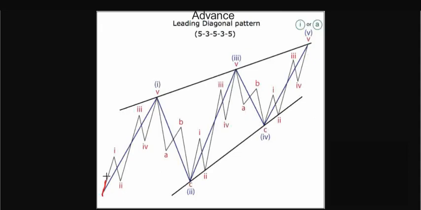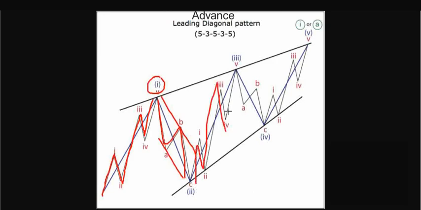It means that the very first wave one here is most likely to be an impulse wave, and the ABC, the correction down here, is oftentimes the corrective pattern of the next wave, and sometimes it could be inside of a parallel line, and the next one should also be in an impulsive mode, and the next one should also be in a corrective mode, and the next one should also be an impulsive move. So this makes up the 5 3 5 3 and then the 5 pattern.